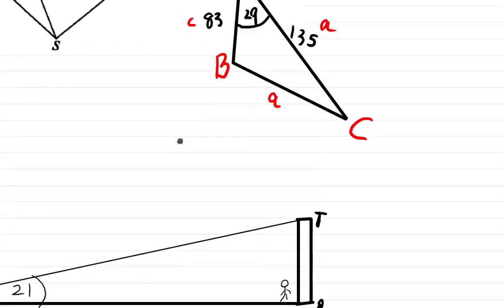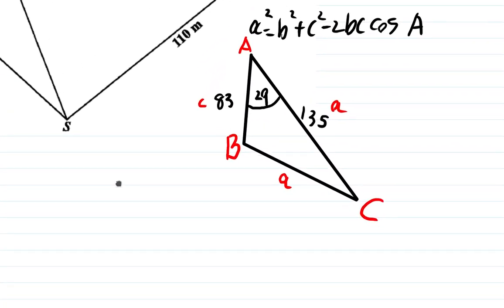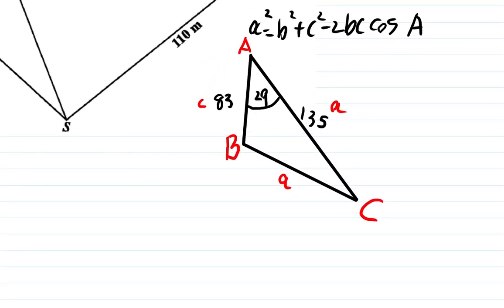Oh, this is kind of in the way. Let's erase this thing here. We need the space below. Alright? You sure you're following up to this point? Let's see. A squared.